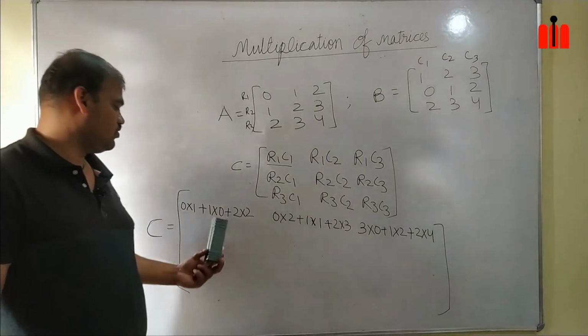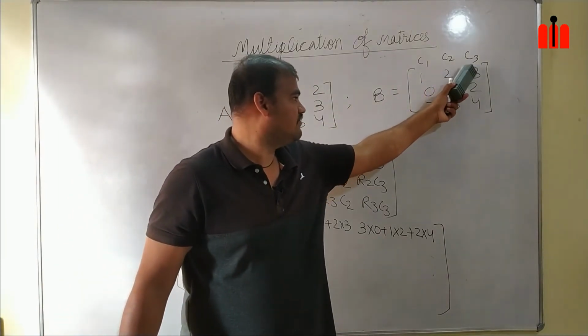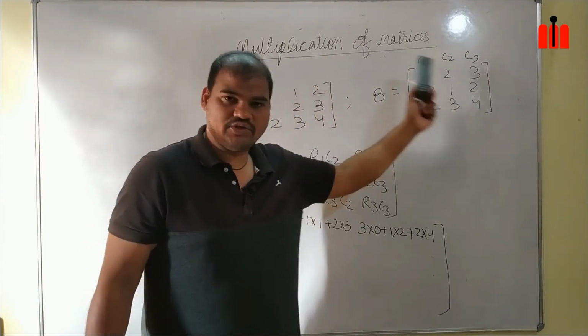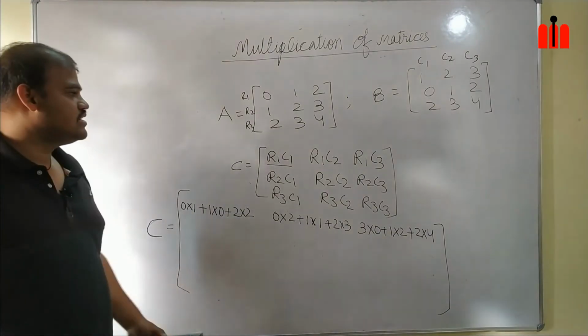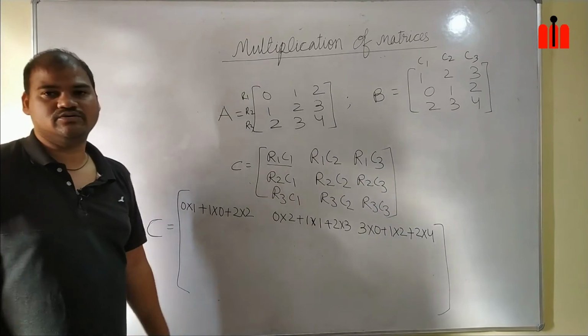Okay, so what we have done, 0 1 2 is multiplied with 3 2 4 respectively. 0 is multiplied with 3, 1 is multiplied with 2 and 2 is multiplied with 4 and all are added. Similarly, now you have to do for R2 C1, R2 C2 and R2 C3.